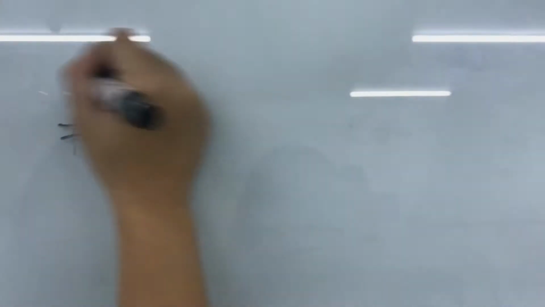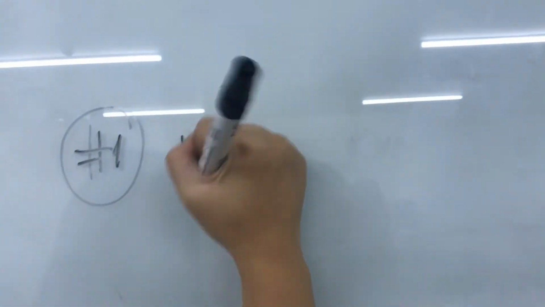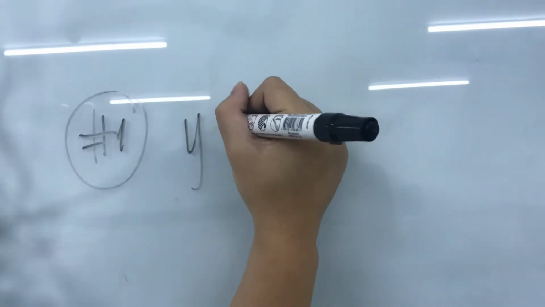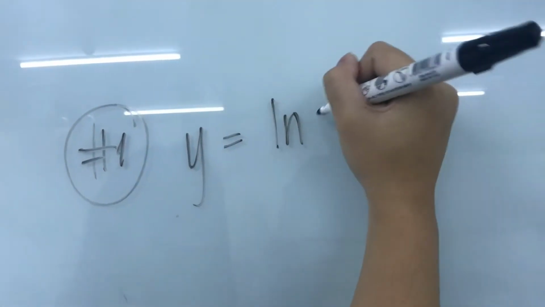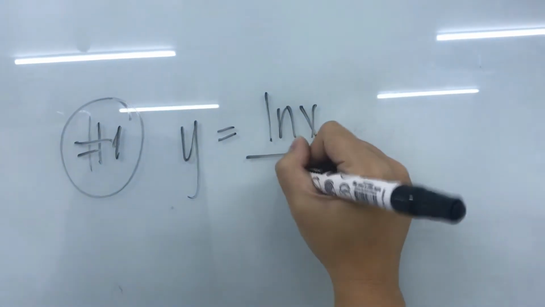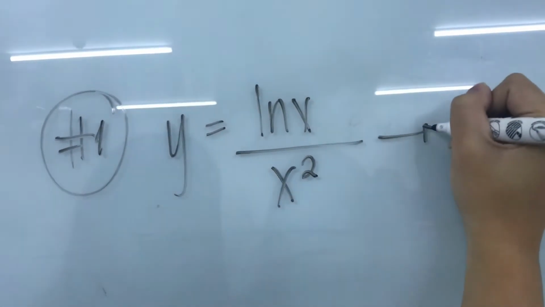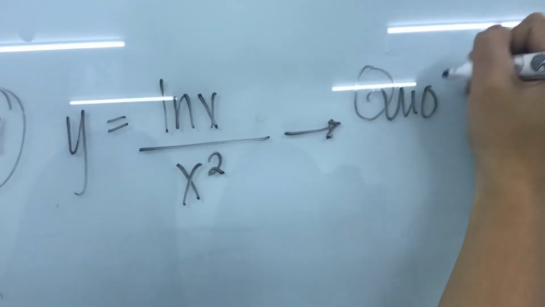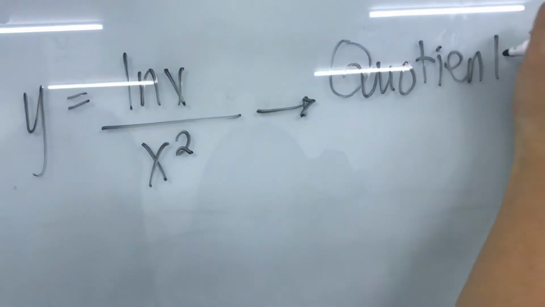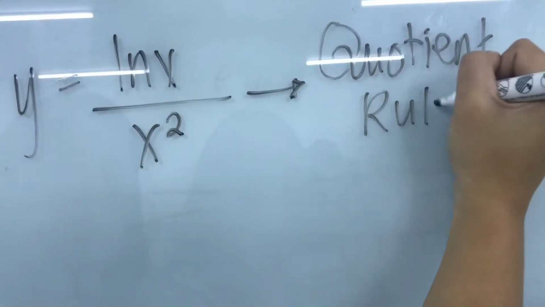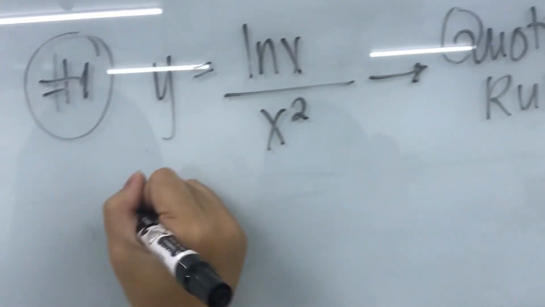So for our first problem of logarithmic functions, our first problem will be y is equal to ln x over x squared. So again, we observe that this equation follows the quotient rule. Let us then rewrite the equation according to the quotient rule while getting the derivative at the exact time.